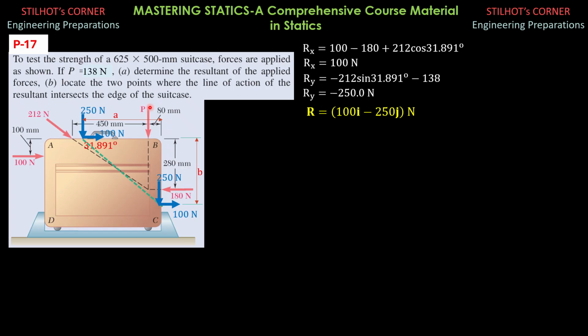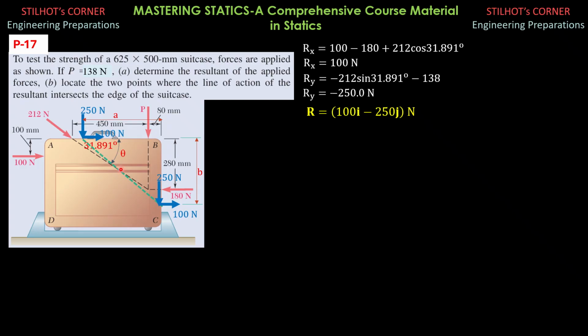Then plus P 138 times 80, that's counterclockwise. And the only negative moment, because it is clockwise, is due to this 180 Newton force, which is negative 180 times 280.